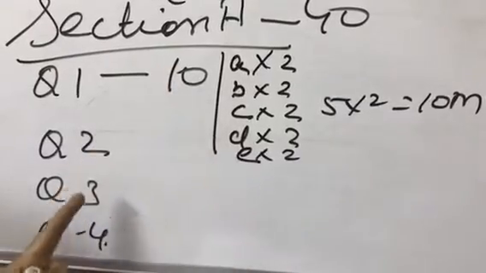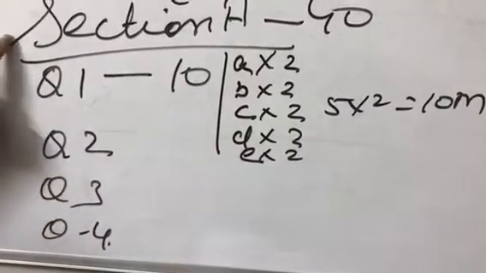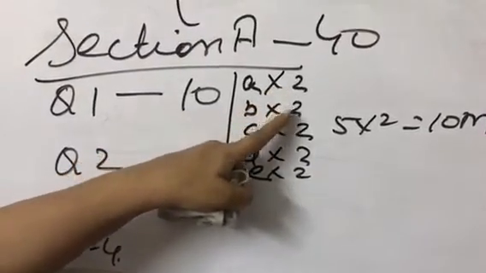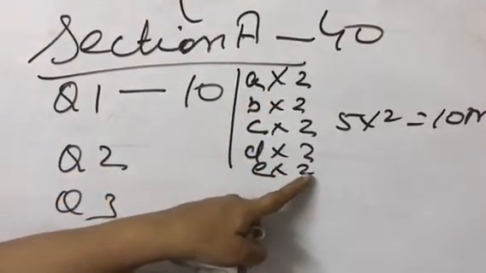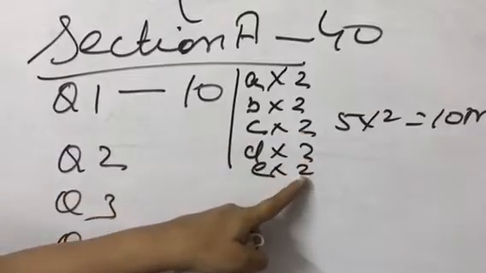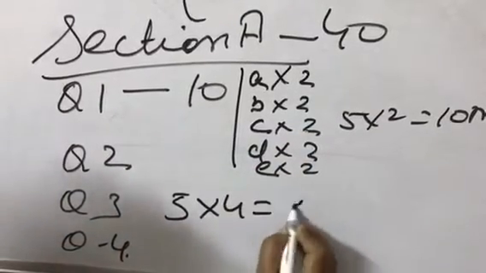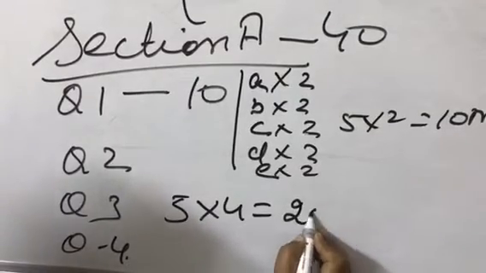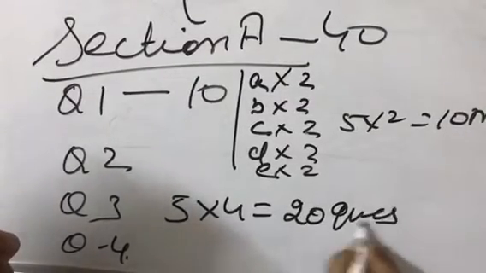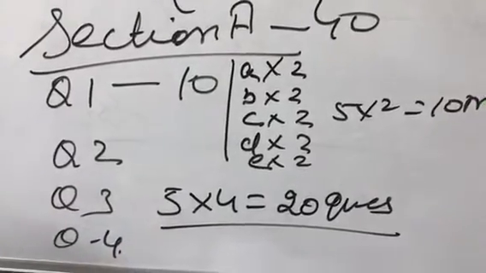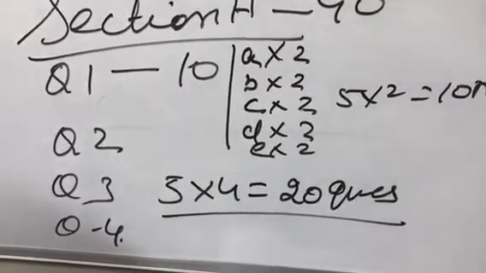So if I calculate Section A, 5 into 4 means in total you will have 20 questions to be done in Section A. How many questions do you have to do? 20 questions in Section A.